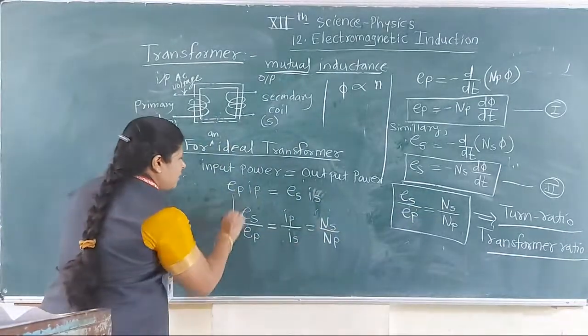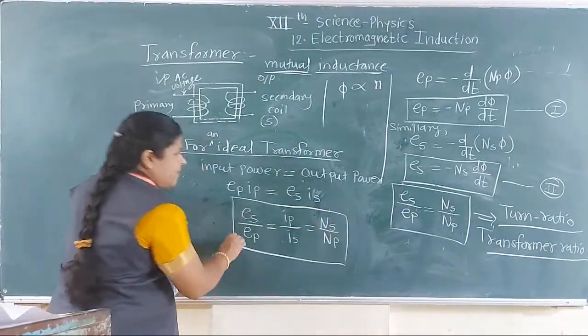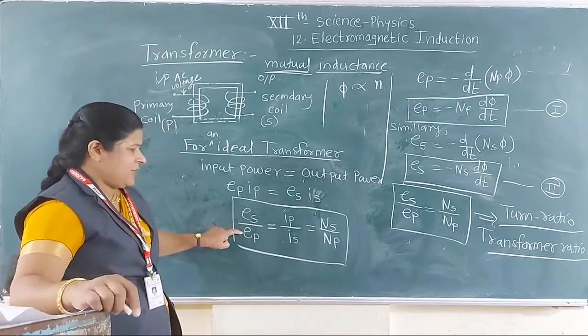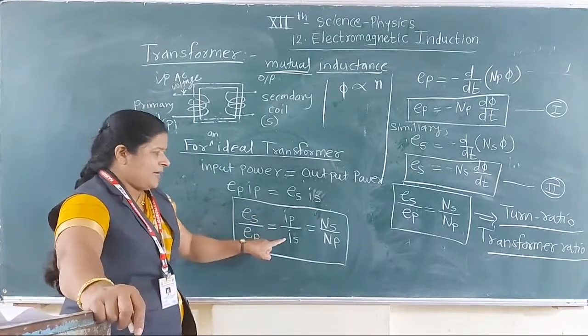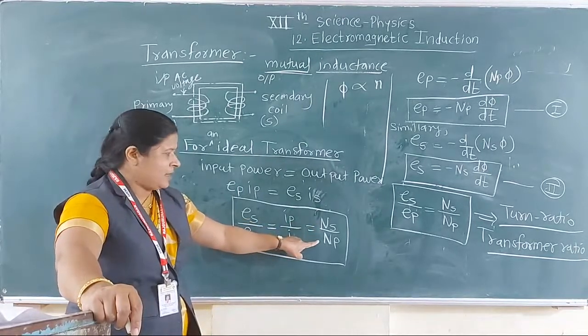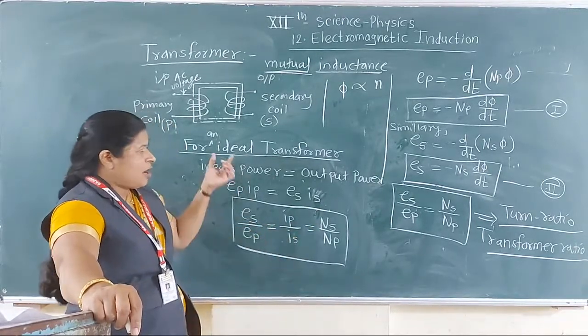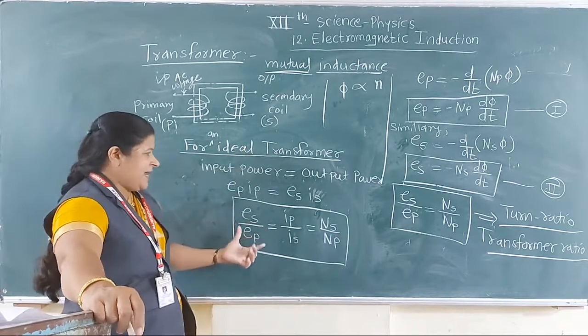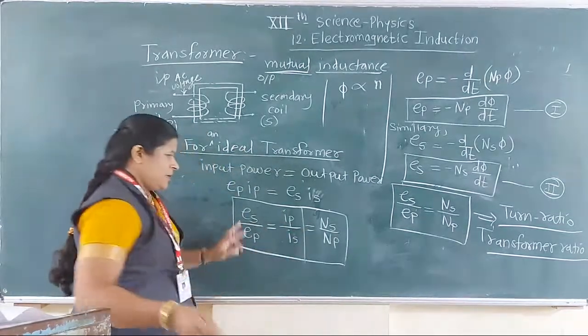So we get again an important equation. ES divided by EP is equal to IP divided by IS is equal to NS divided by NP. For an ideal transformer, we get this type of ratio.